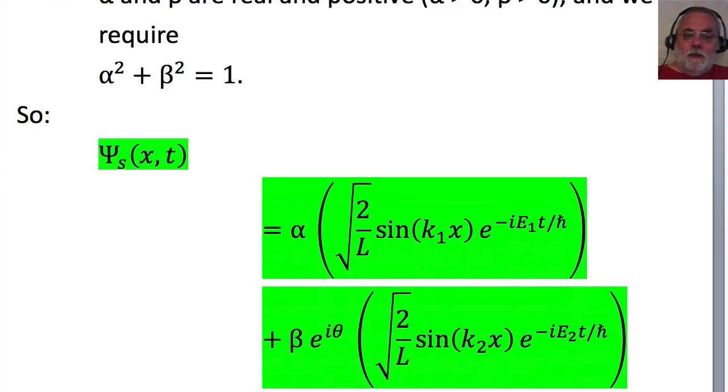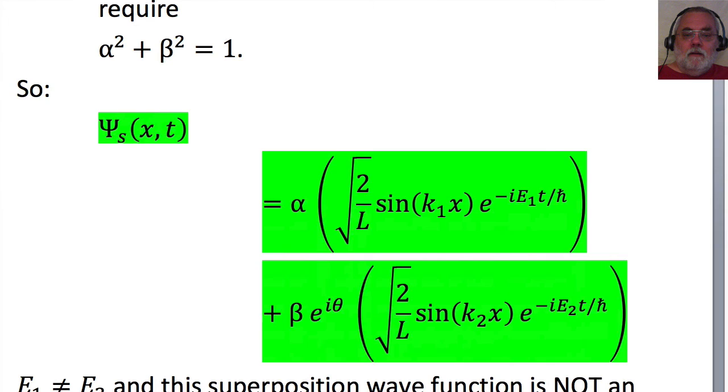So for particle in a box, psi sub s, that we're going to look at as an example of superpositions, is alpha times the time-dependent energy eigenfunction for the ground state, plus beta e to the i theta times the energy eigenfunction for the first excited state.